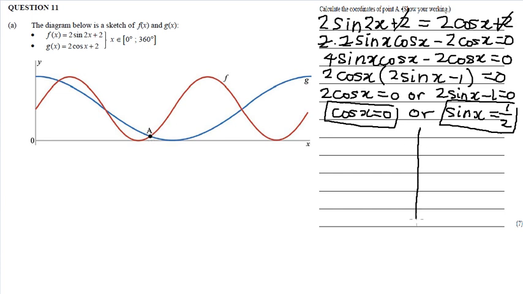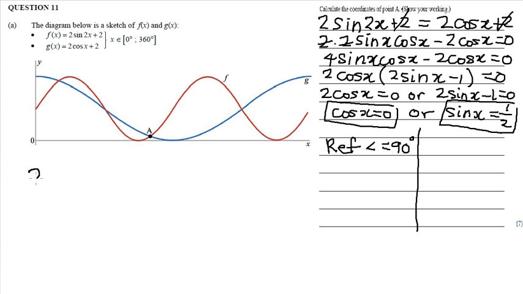So for the first solution, we get our reference angle. If I do shift cos of 0, that gives me a reference angle of 90 degrees. And then we can take cos to be in the first and the fourth quadrants.